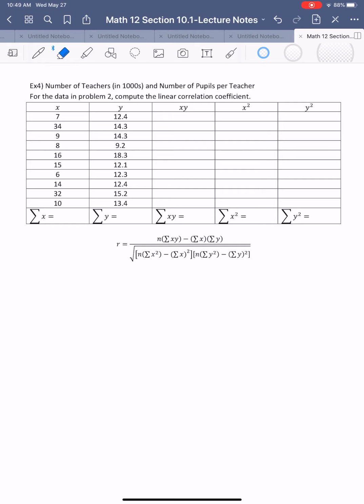Okay, so x times y means you should get, well, let me write it down, okay? 86.8, 486.2, 128.7, 73.6, 292.8, 181.5, 73.8, 173.6, 486.4, 134.